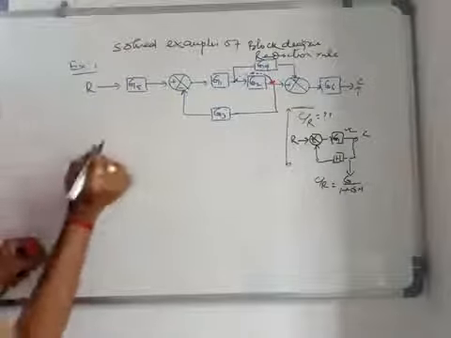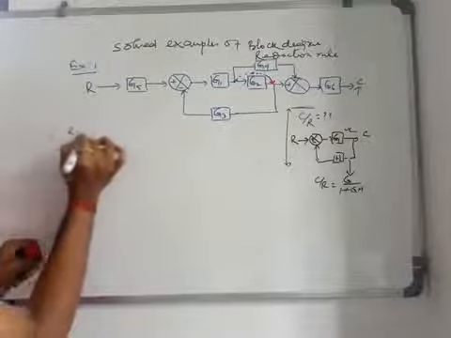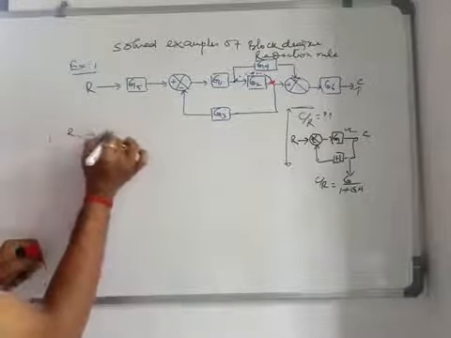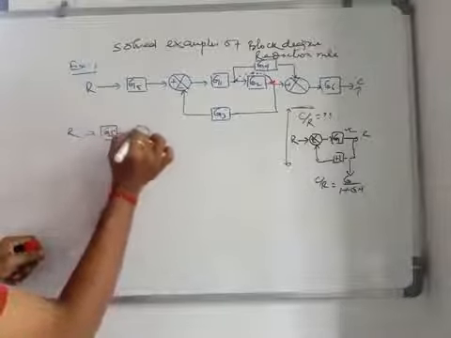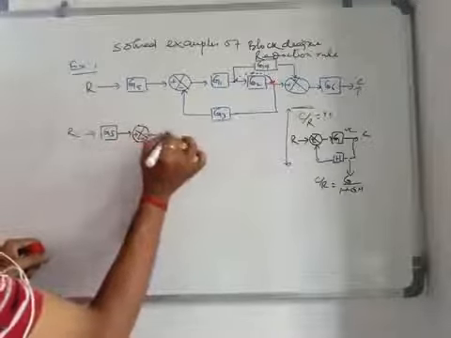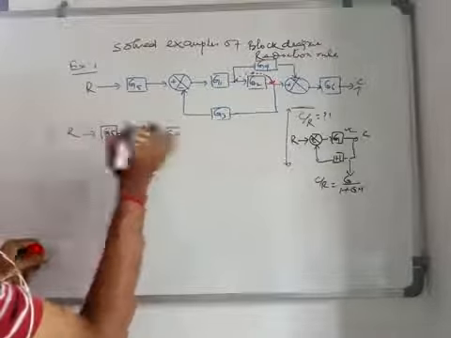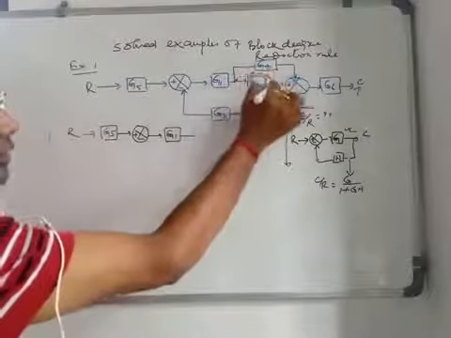What we are doing is R, this is your G5, this is your plus minus block, this is your G1. So this takeoff point is now shifted towards this point.